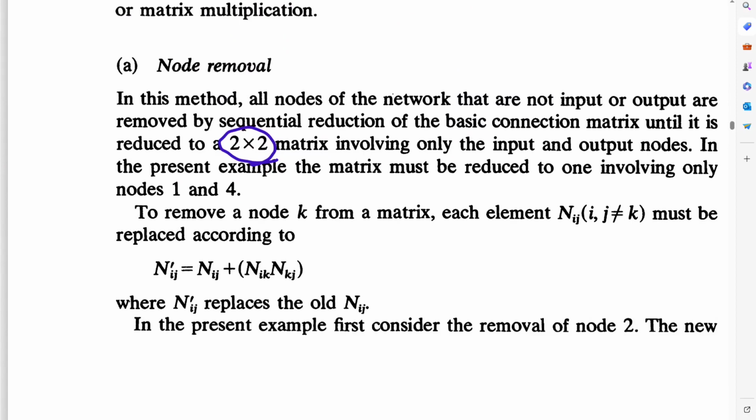If we want to remove a node K from a matrix, each element Nij must be replaced according to Nij prime equals Nij plus Nik Nkj, where Nij prime replaces the old Nij.